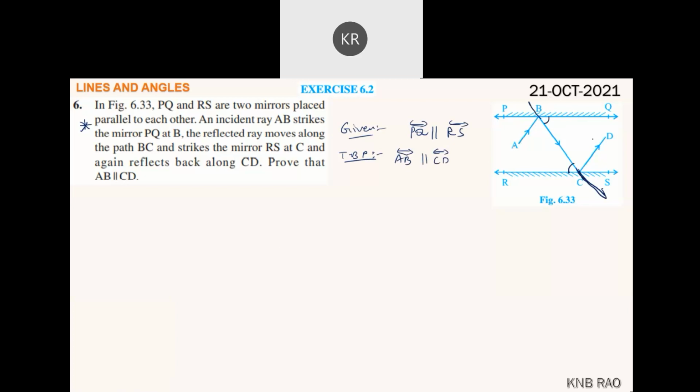Wrong. Angle PBC is equal to angle BCR. We should extend ray AB and ray CD.